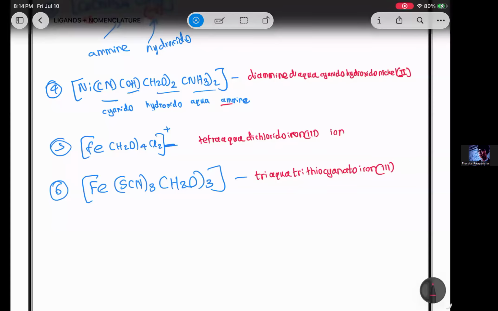We are not using ferrous. When you're naming anionic ligands, we are using ferrate. That's a different story. I'll tell you that.